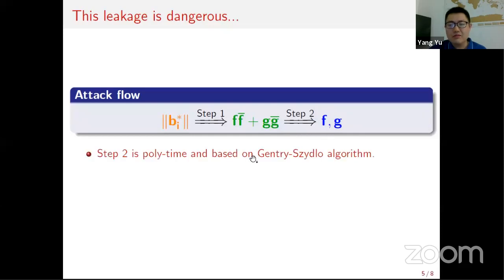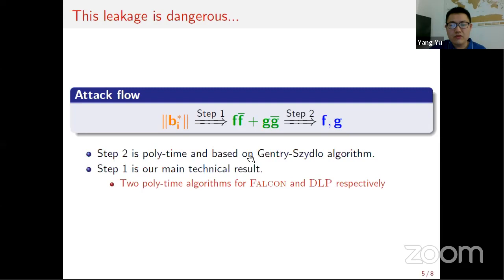The second step is polynomial time, because it is based on the famous Gentry-Szydlo algorithm. The first step is our main technical result. We propose two different polynomial time algorithms for Falcon and DLP to compute f f-bar plus g g-bar. That is because Falcon and DLP use different matrix forms to represent polynomials.